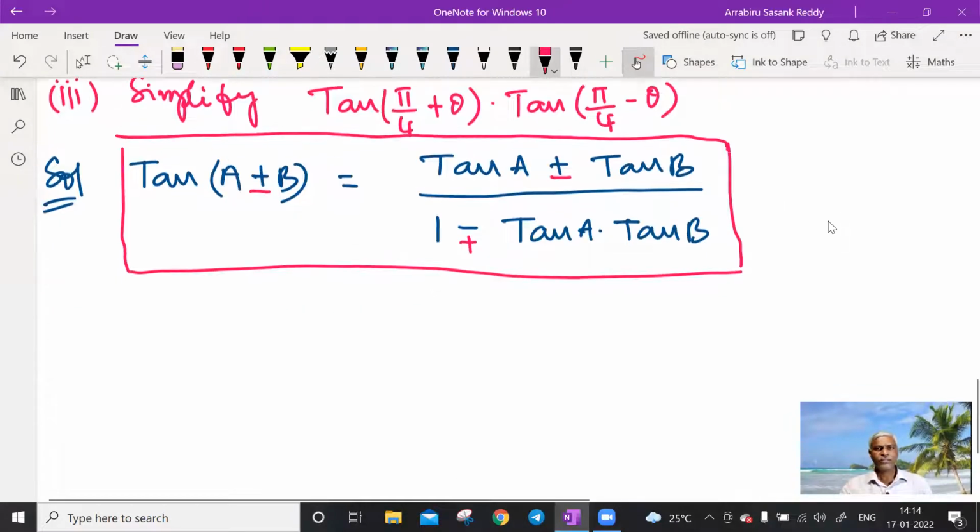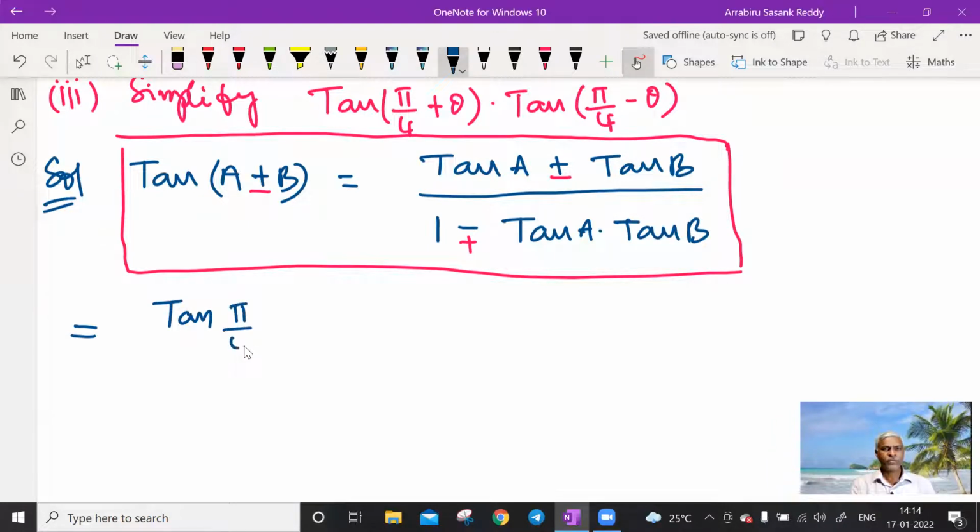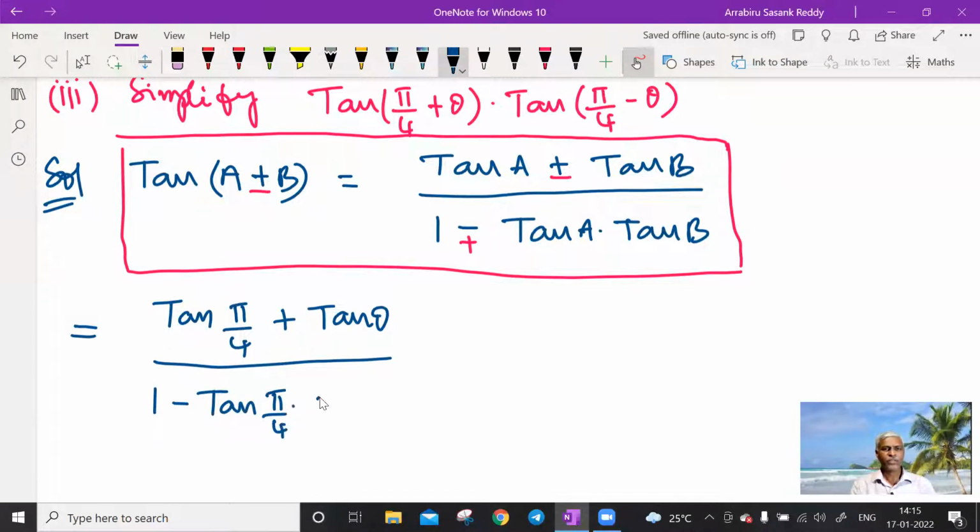So using this one, if you expand this, pi by 4 is A and theta is B. Tan(A plus B) is tan pi by 4 plus tan theta by 1 minus tan pi by 4 into tan theta.